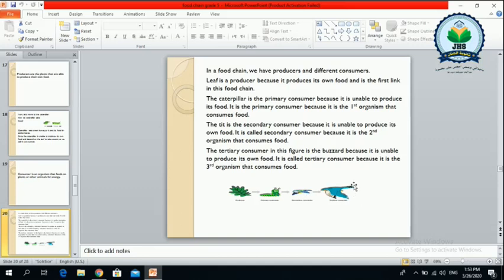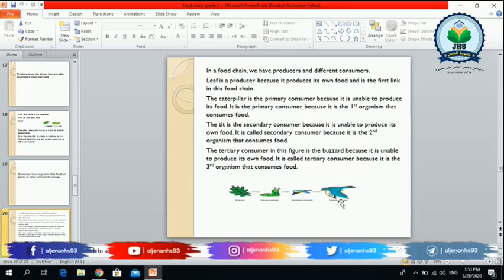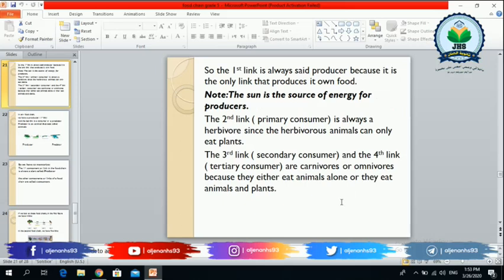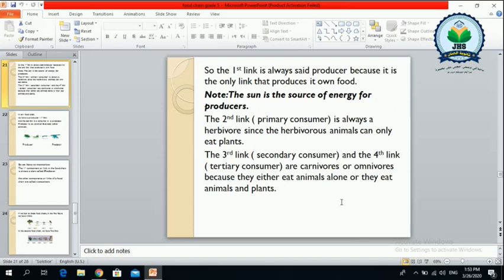The tertiary consumer in this figure is the buzzard because it is unable to produce its food, and it is called tertiary consumer because it is the third organism that consumes food in this food chain. So, the first link is always the producer because it is the only link that produces its own food. Note, the sun is the source of energy for producers.